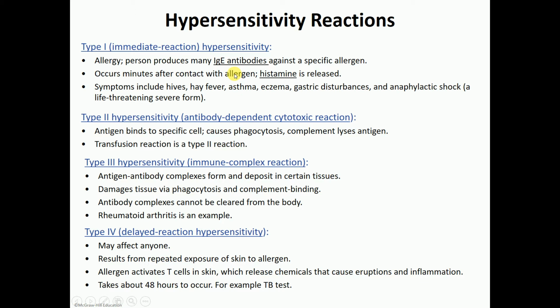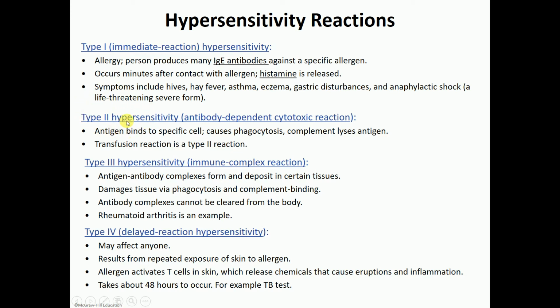And when they are exposed to that allergen, that will lead to the release of lots and lots of histamine. And that's why if somebody gets an allergic reaction, they give them an antihistamine. Some of the symptoms can include, for example, hives, hay fever, an asthmatic attack, and it could go all the way to an anaphylactic shock, which is the swelling of the throat, a life-threatening form of allergy.